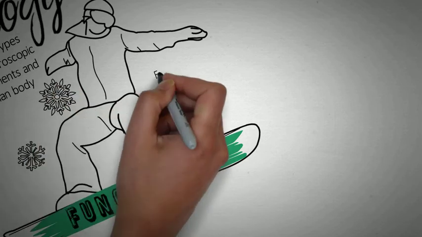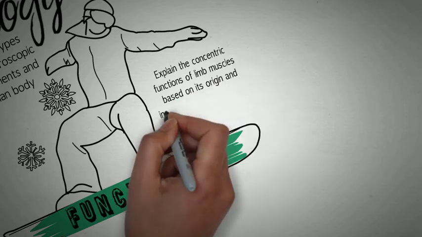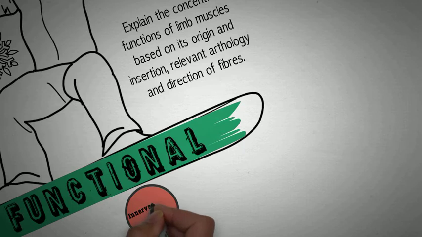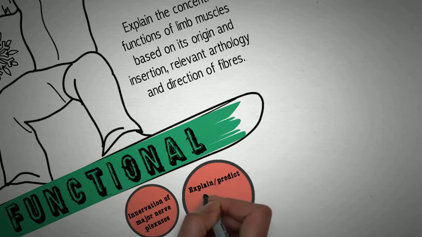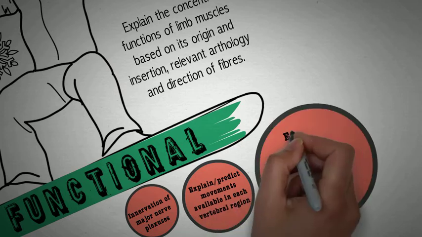Using your anatomical knowledge, you should be able to describe the functional consequences with respect to planes of movements, biomechanics, and be able to explain the concentric functions of upper and lower limb muscles based on origin, insertion, and joint structure. You should be able to summarize the regional and compartmental innervation of major nerve plexes, predict the movements available in each vertebral column region, and describe the functions of abdominopelvic and back muscles.